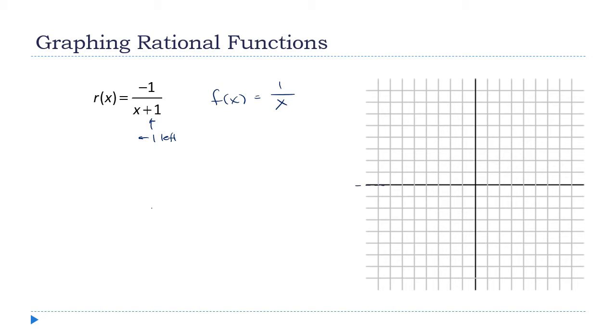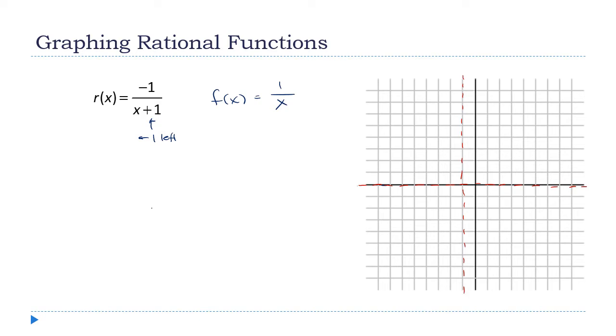The horizontal asymptote, let me pick a lighter color so it stands out a little more against the x-axis, is going to stay where it was. The vertical asymptote that was at x equals 0 is now going to get pushed to the left 1 unit, just like everything else, and it's going to be here at x equals -1.